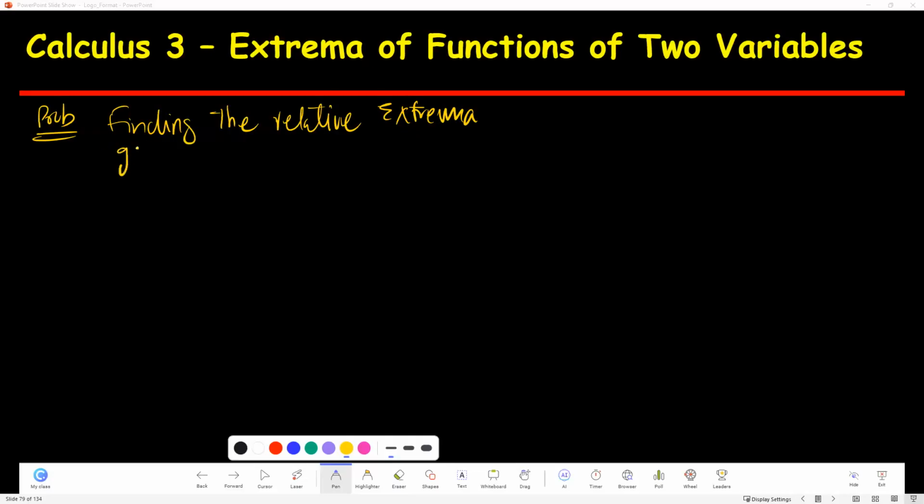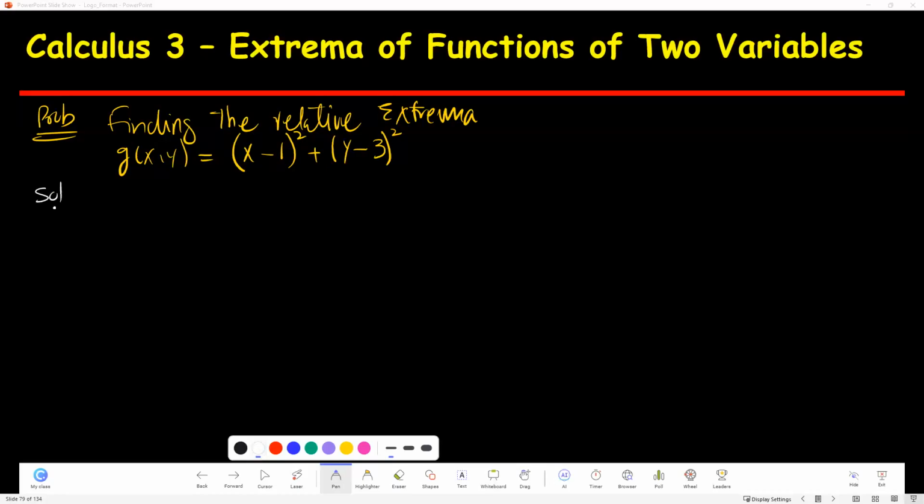And the function is given like this. Sometimes the values of these critical points are given. Sometimes the critical points are not given, and most of the time they're not given. So we need to find these critical points.